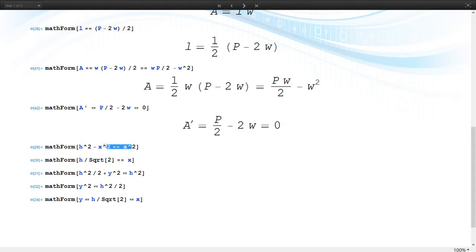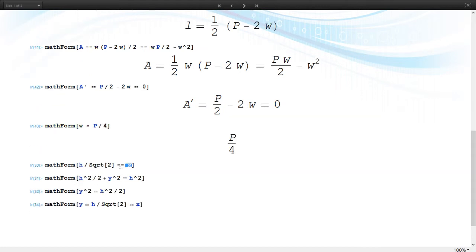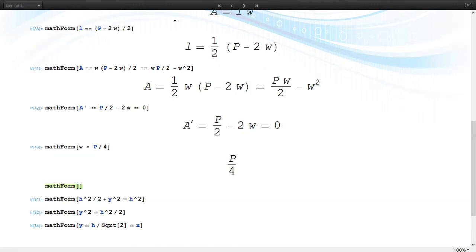Anyway, so at this point we solve for W, that's our variable. And we're going to get that W is equal to P over 4, which is great. We plug this into our equation for L. Remember our equation for L up here.